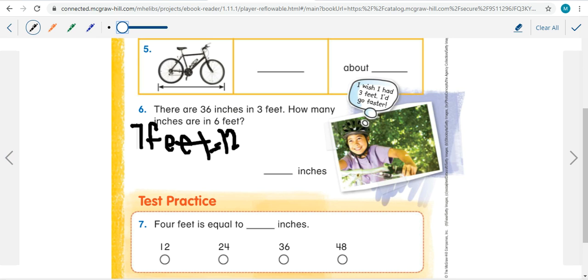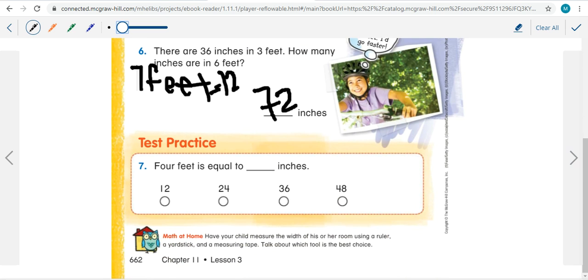Now, how many inches are there in 6 feet? If 3 are 36, we are going to add 36 plus 36 is 72. So the answer for number 6 is 72.